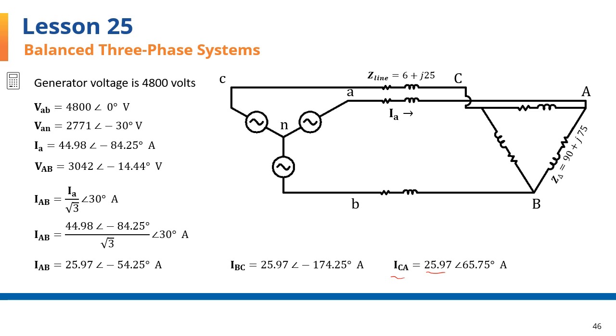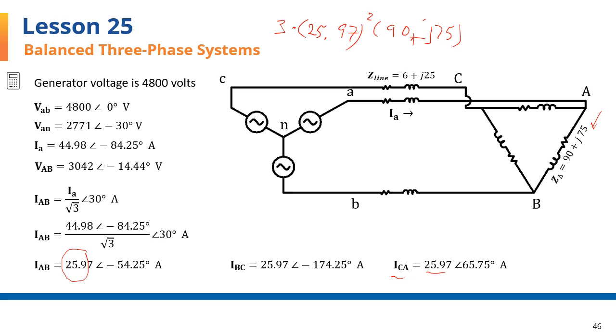We have the current through this phase, IAB, with its magnitude and angle. We just use the magnitude, square it: 25.97 squared times 90 plus j75, times 3 to get the three-phase power. That should give you the load power.